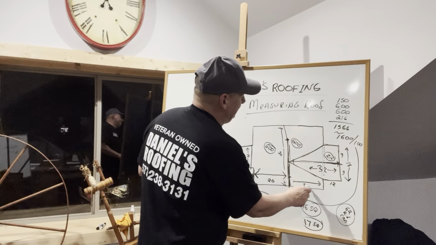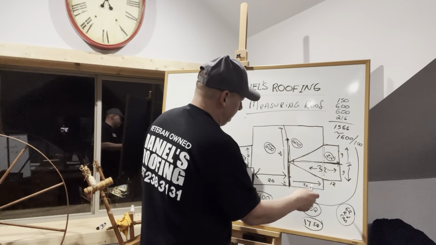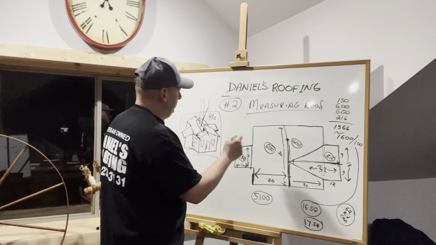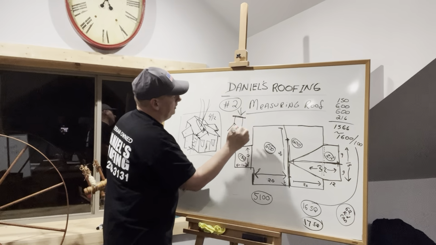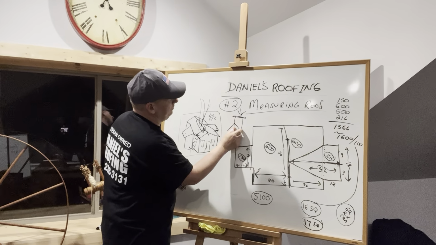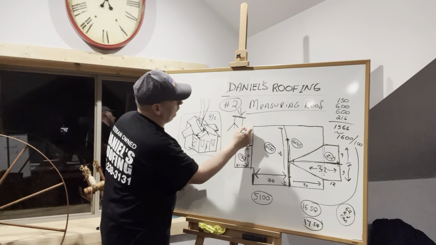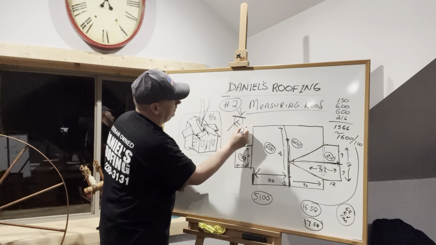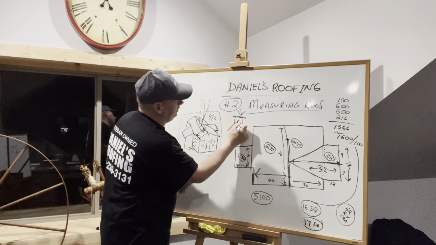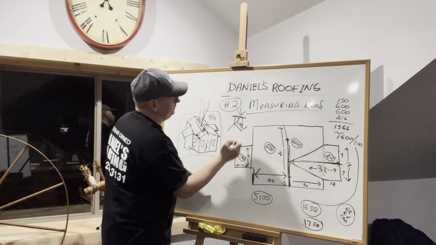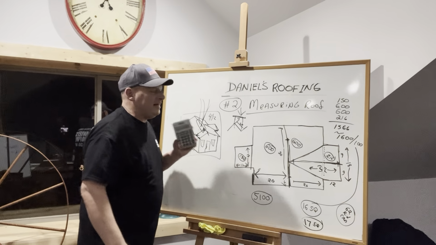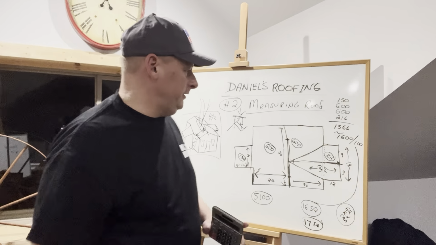Maybe it'll be 18 here, etc. Because you've got to compensate for the pitch. When you're looking at it from here to here, you see that this is smaller. But if you go from here to here, this could be 20. But if you're looking at it from here to here, you're only seeing 18. So that's where that pitch multiplier comes in.